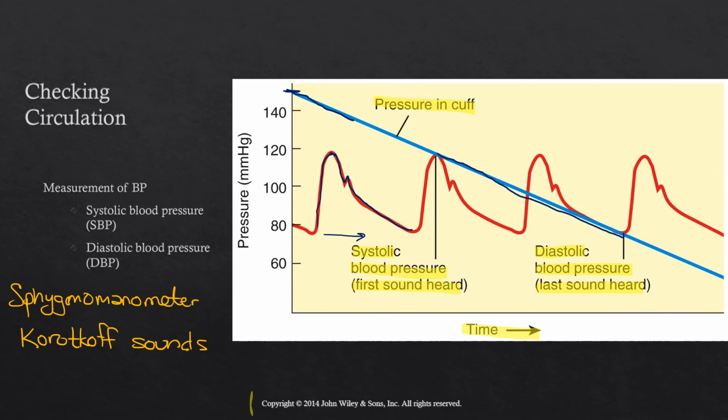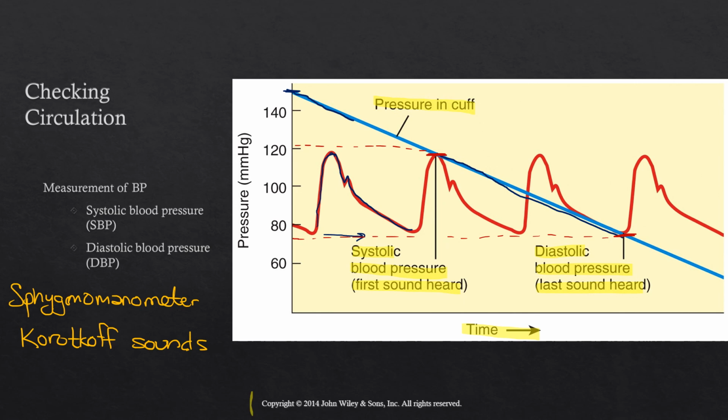Now this difference between systolic and diastolic blood pressure is called the pulse pressure. So here is going to be the systolic pressure, down here the diastolic pressure. So we're looking at about 120, maybe 70 over here.